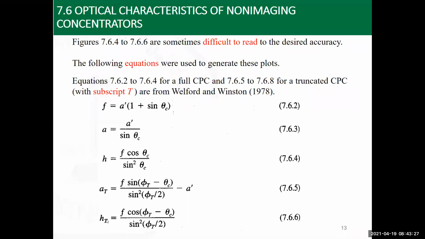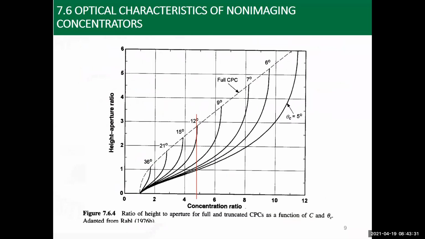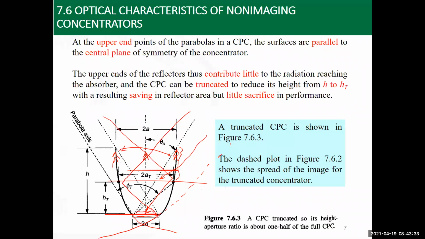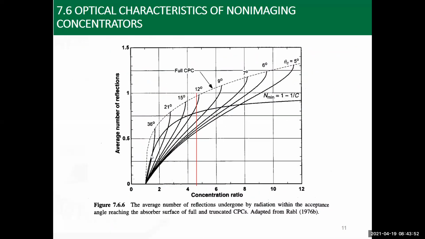The T here stands for truncated, which means that it is the collector where the height is considered to be h sub t, only the truncated height, not the full height. The full height relations are given in the first 3 equations, whereas the truncated height relations are given in the following equations, as you can see here.